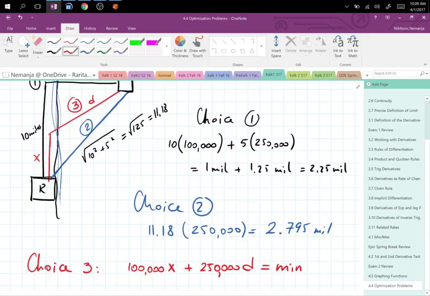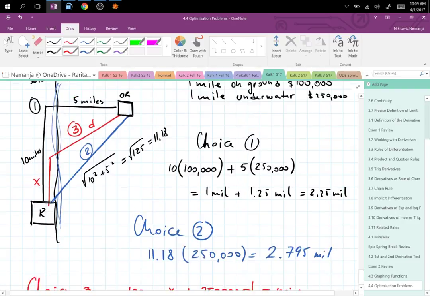Fine. I have to figure out everything else. So would you agree that this distance here is 10 minus x? Awesome. So now you see a relationship in a triangle.